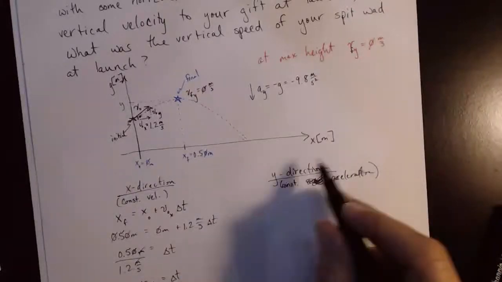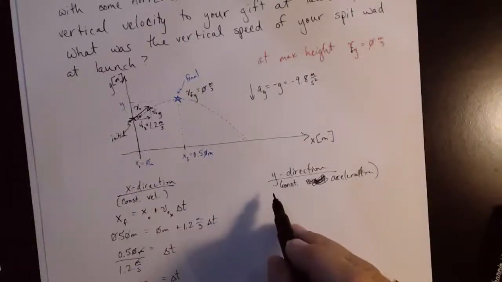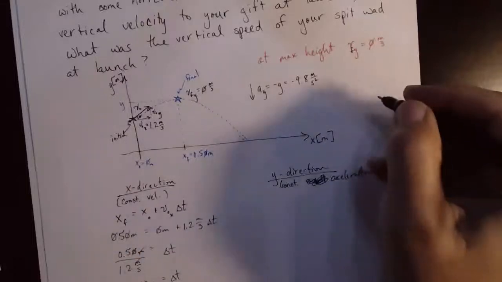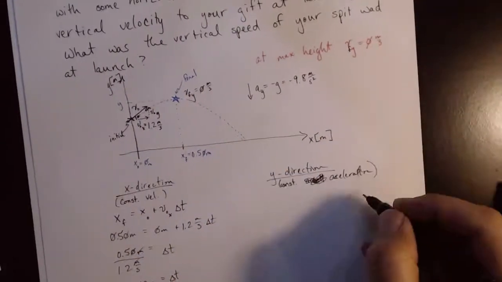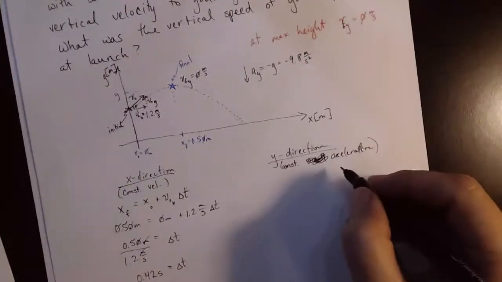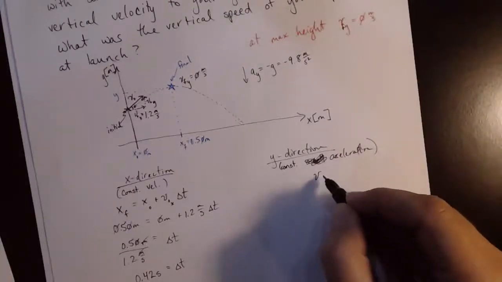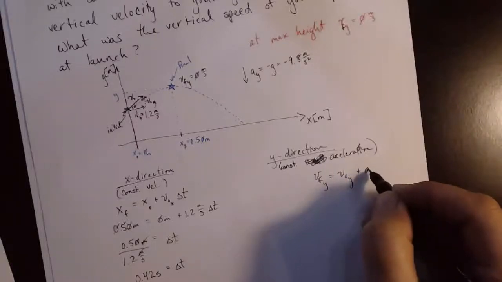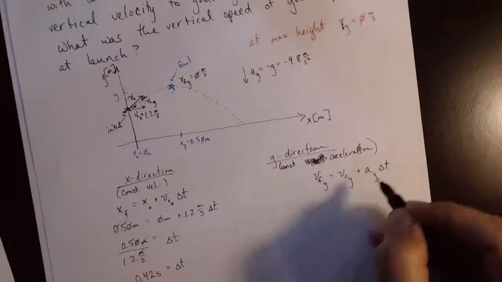And in my y direction, I'm going to use one of my constant acceleration equations. So we have 3 of those. And if I just write them right here real quick to reference, then we can look at them. V final in the y direction equals V initial in the y direction plus a_y delta t.